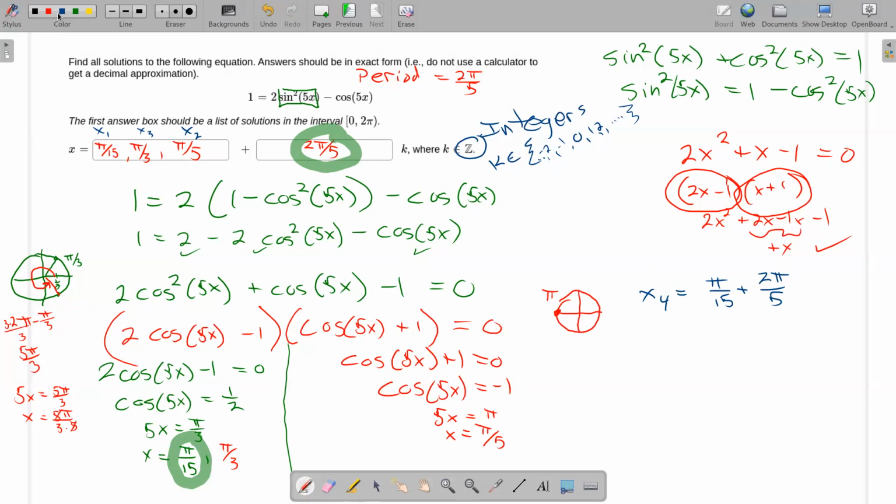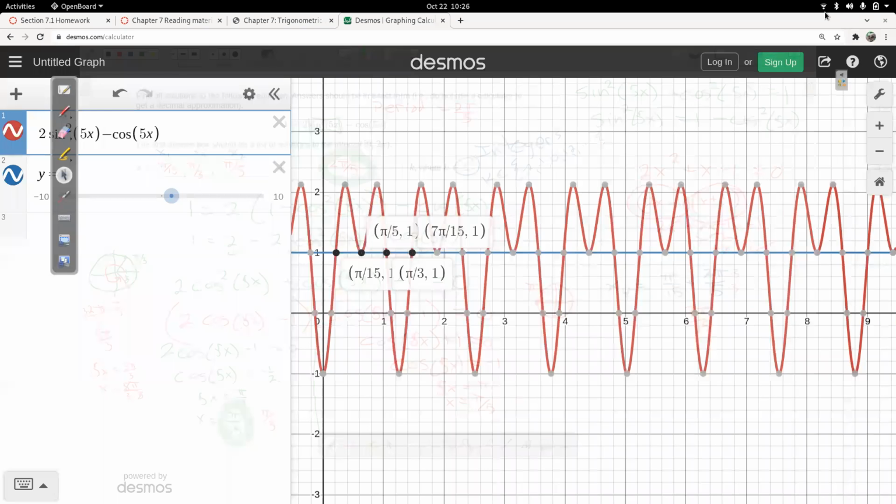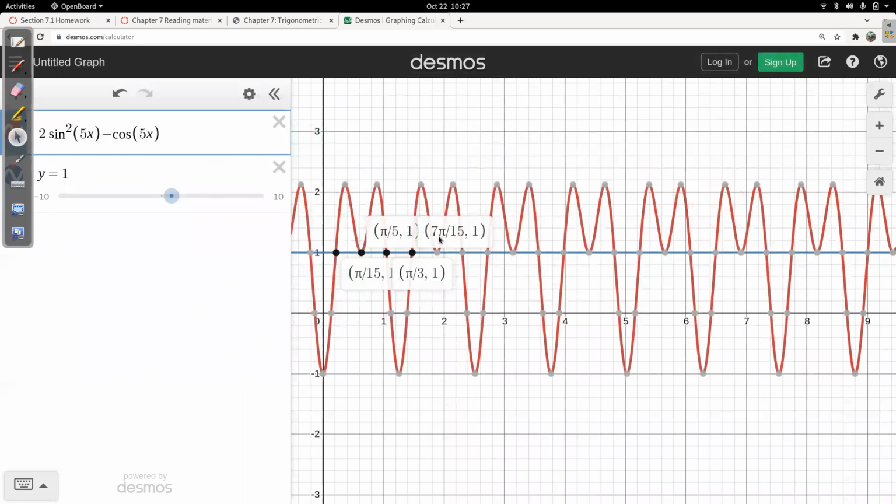Common denominator would be 15, so times 3. So 6 pi plus pi is 7 pi over 15, and I believe that's what the computer said. Yep.